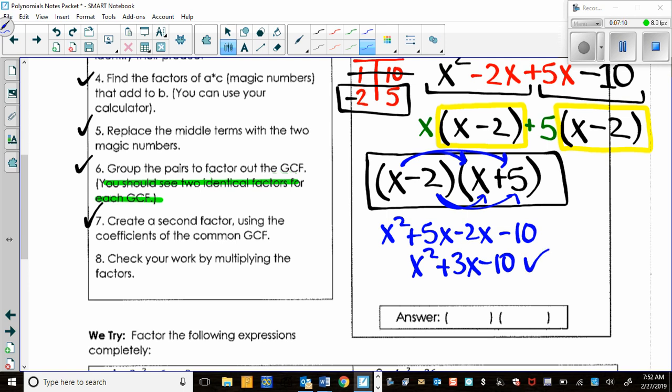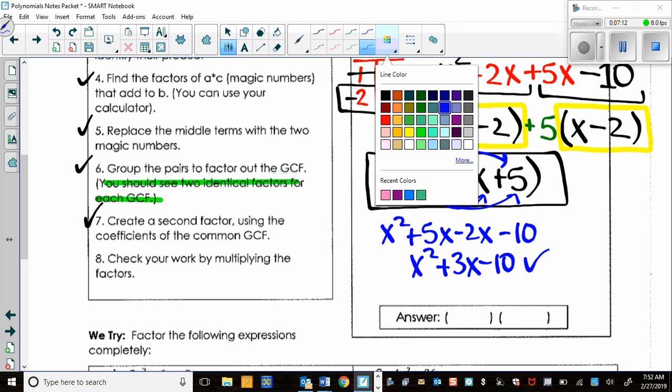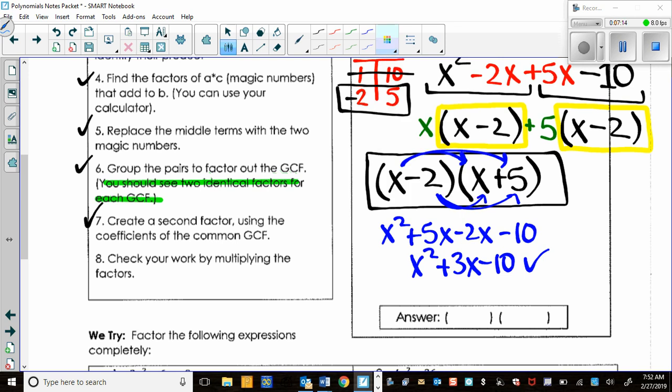So I can go ahead and write that my answer is x minus 2 and x plus 5. That is the factored out form. It doesn't matter which of these comes first. It's up to you, as long as you have x minus 2 and x plus 5.